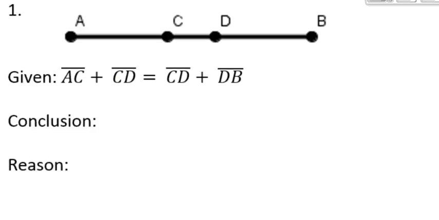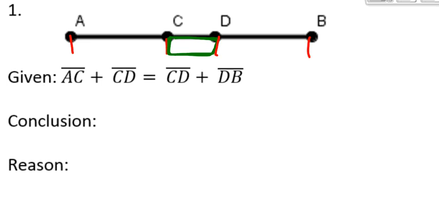All right, given line segment AC plus line segment CD equals line segment CD plus line segment DB. So let's evaluate that really quickly. This plus this little guy right here is equal to this little guy plus this distance.